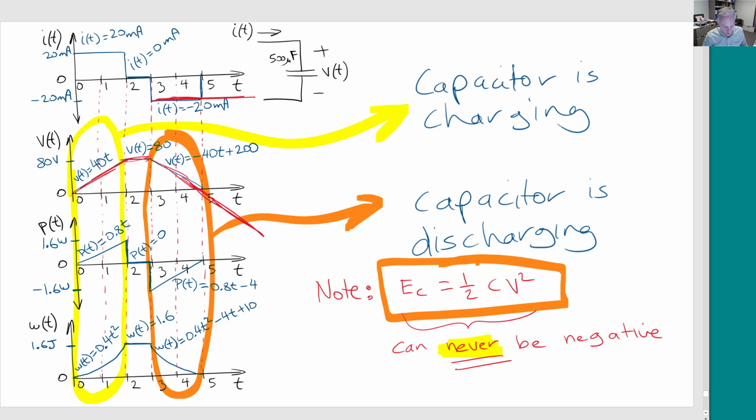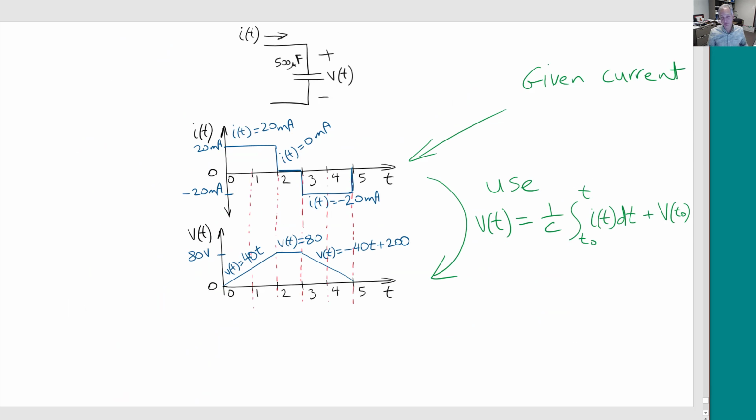Now, in terms of how to handle this kind of question that you may get on an exam, what did we do with this analysis? First, we were given a current waveform, and we were given a circuit associated with it.